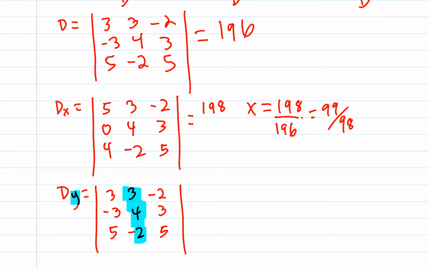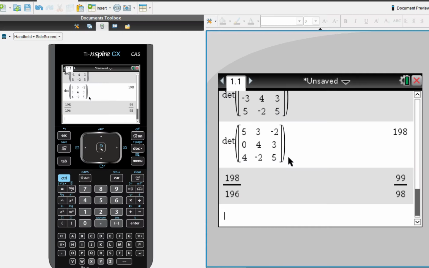Dy, what I do is I take this matrix and I get rid of the y variables, and I replace that with the 5, the 0, and the 4. Very easy to do in the calculator.